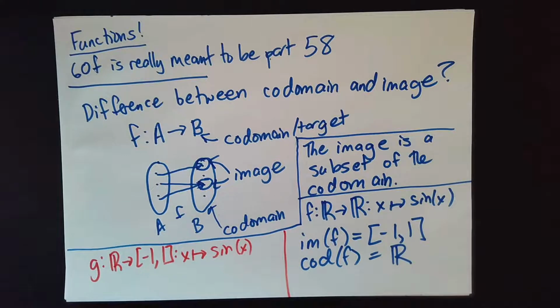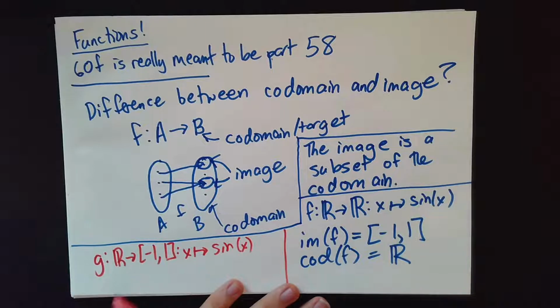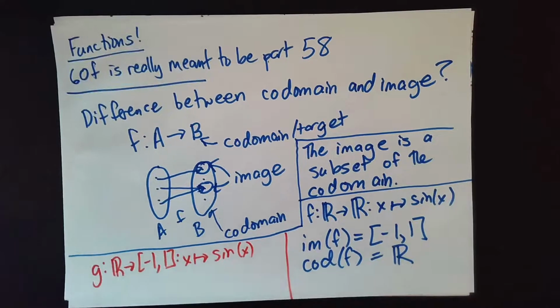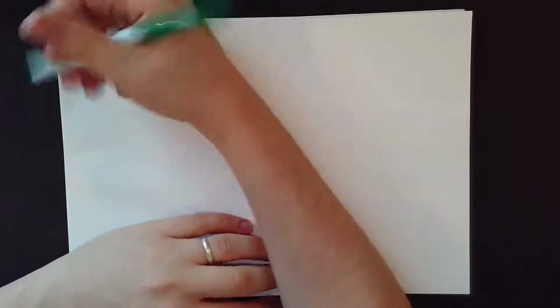In a lot of ways, these look like the same function, but they're not quite the same function because of the different codomain. But the observation that underlies this is correct, which is that you could always replace the codomain with the image and get a valid function. It'll just be a different function.